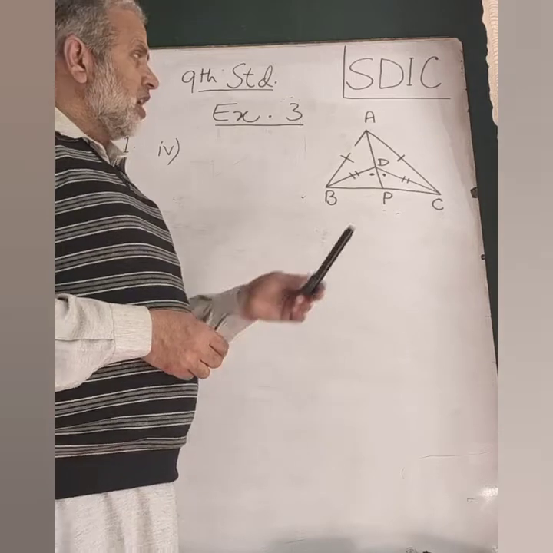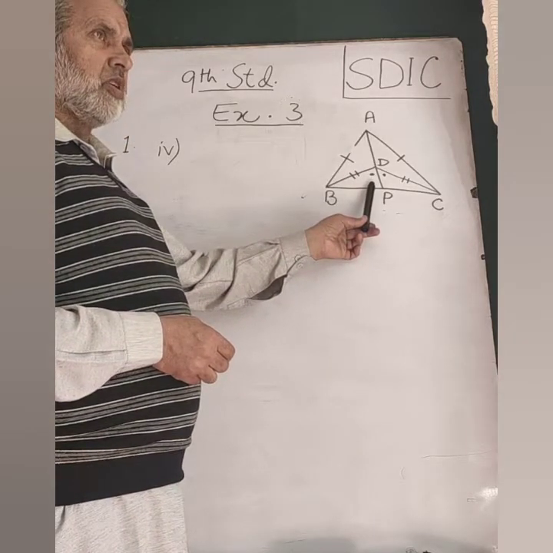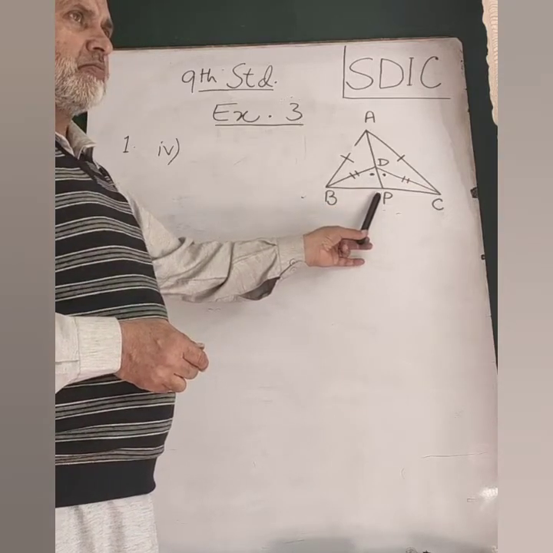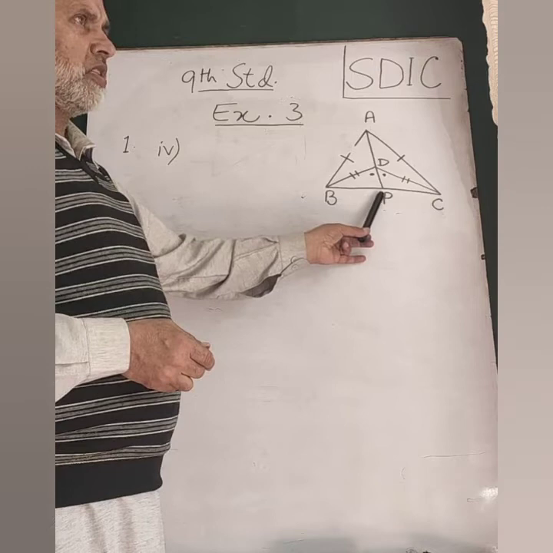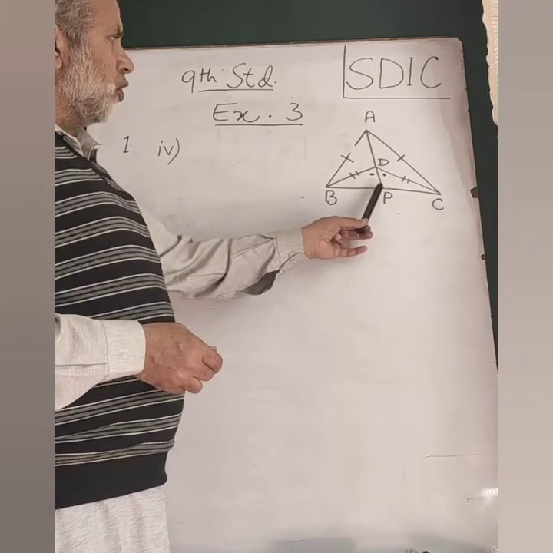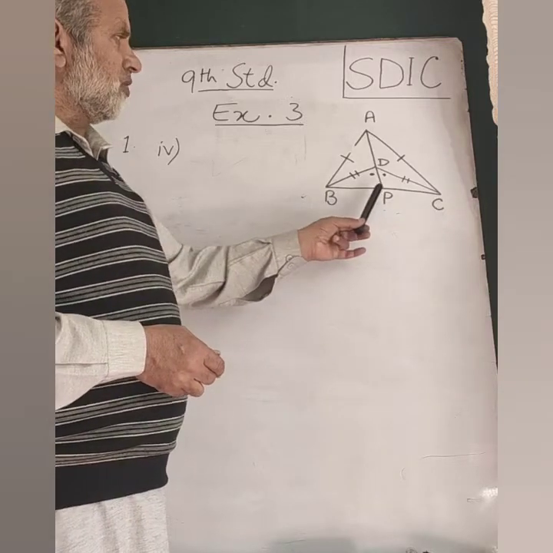BP equal to CP means AP bisects BC. We have proved that. Now to prove perpendicular, we have to show this angle is 90. And to prove that it is 90, we'll use linear pair axiom. At P point, two angles are formed, adjacent angles, with their outer non-common arms in a straight line. Therefore, they form a linear pair.